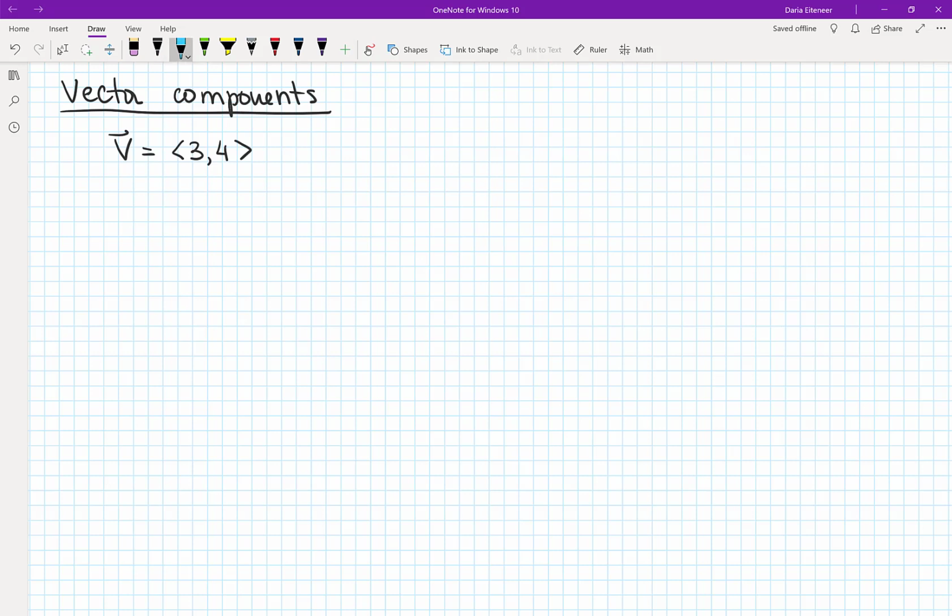And then we said that this was the x component, and this is the y component. So the word components literally means the contribution to the vector from its horizontal piece and its vertical piece. So the contribution from its horizontal piece is 3 units horizontally. And then, of course, the vertical piece would be 4 units vertically.